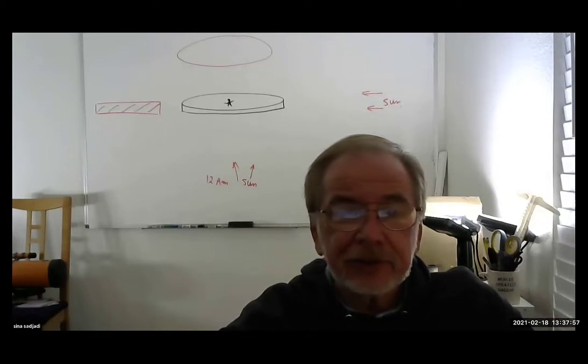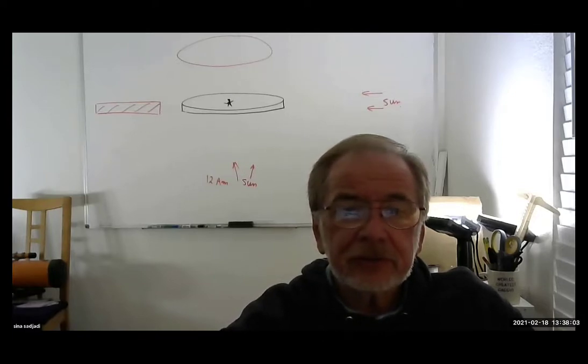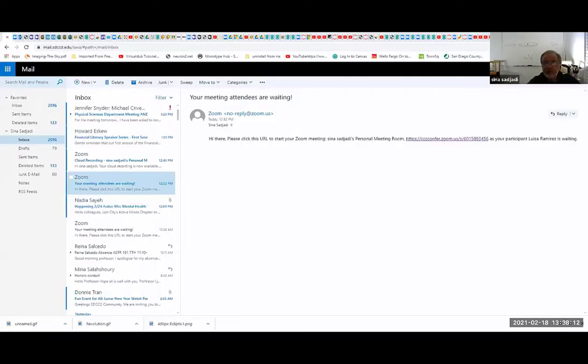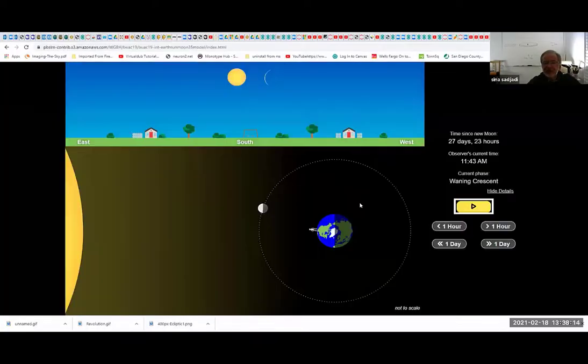Where is it? I can't really find it, but I will find it. Give me a second here. Here it is. Can you guys see this? Do you see the moon and the sun and stuff? Yes, sir.